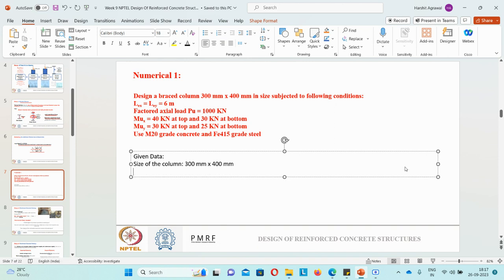Effective length in this question is given to us, but if it is not given, we know how to calculate it, either directly referring to Table 28 or 27 of IS 456, or by calculating the stiffness of the beams and columns above and below, then calculating beta 1 and beta 2, and then referring to IS 456.